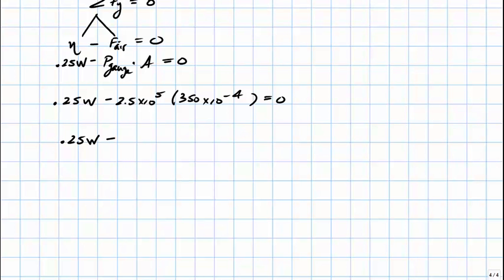The product of the last two values yields 8750. And if we transfer that to the other side and solve for the weight, we obtain 35,000 newtons.